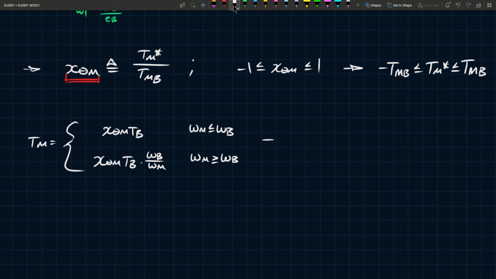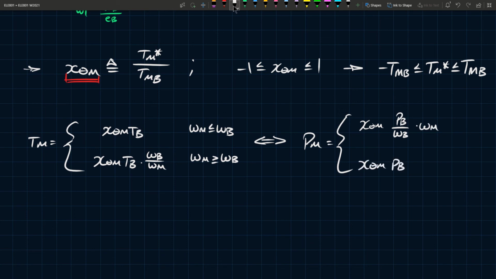And alternatively, this one is the power expressed as this x theta m. So in case you need the power requirements, you would have Pb divided by omega b times omega m, and then you have x theta m Pb, and again these conditions are omega m less than or equal to omega b, or omega m greater than or equal to omega b.